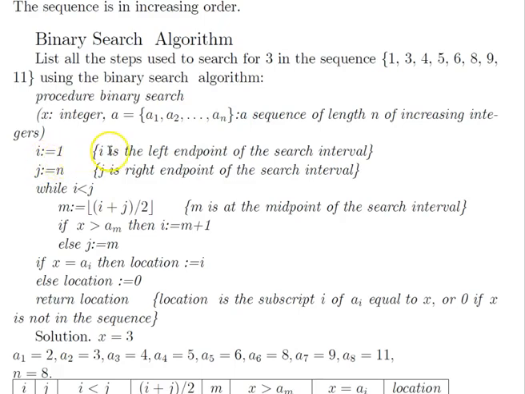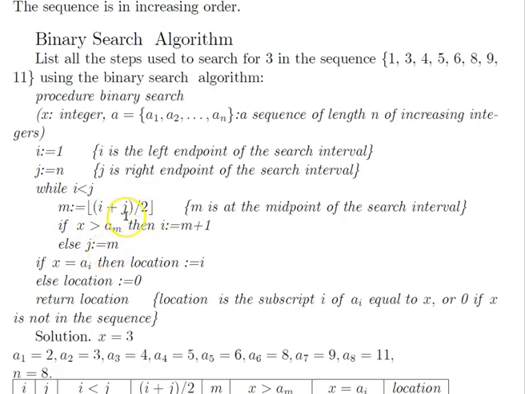i takes value 1. This is the left-hand point of the search interval. j takes value n, the right-hand point of the search interval. While i is less than j, this action is done. m takes value the floor of i plus j over 2.